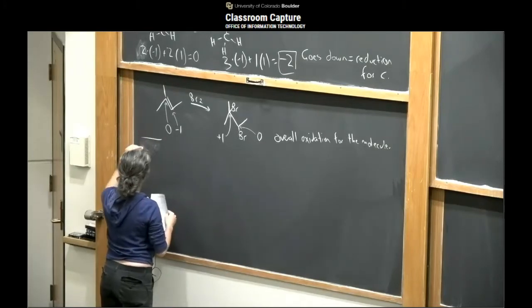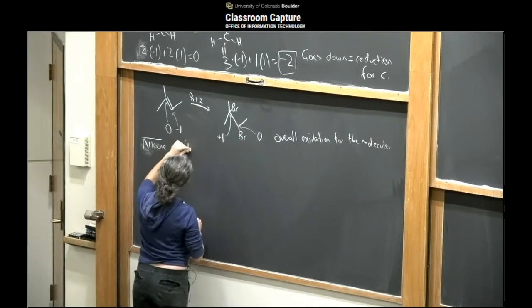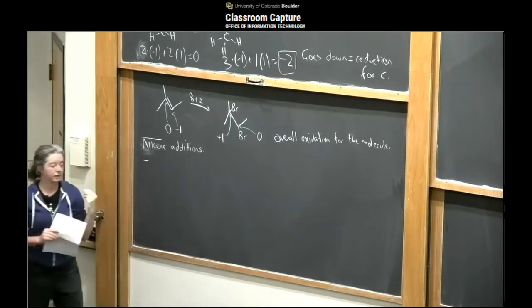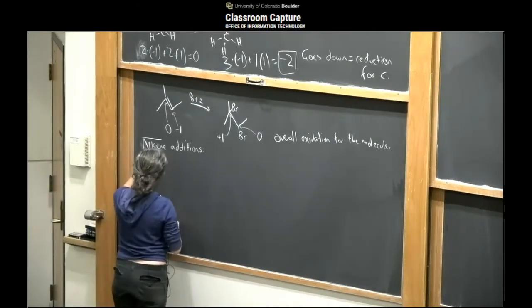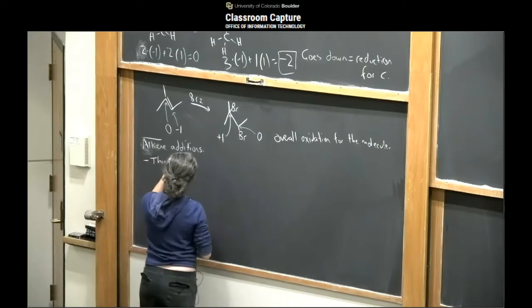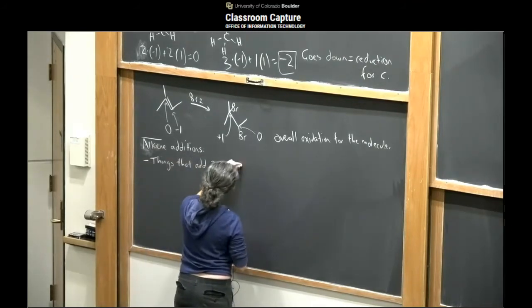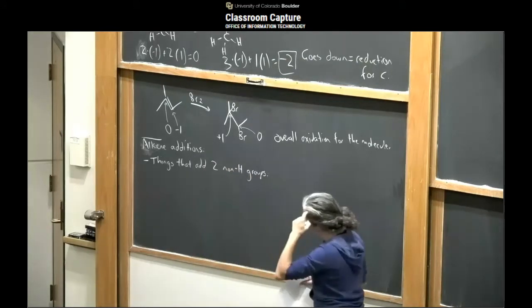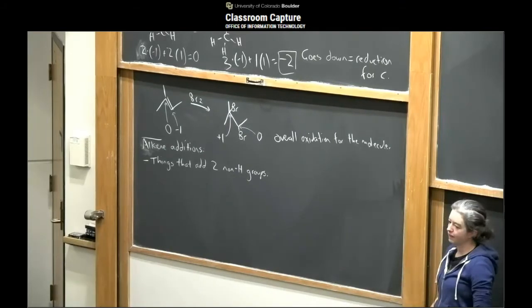So for alkene additions, remember we saw the category of things that add 2 non-H groups. And at least for the reactions that we saw, all of the non-H groups were either a halogen or like an oxygen with something else on it.